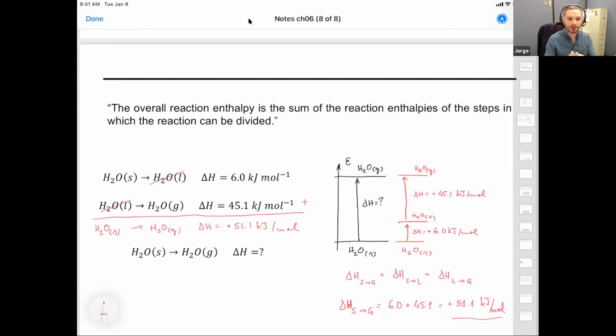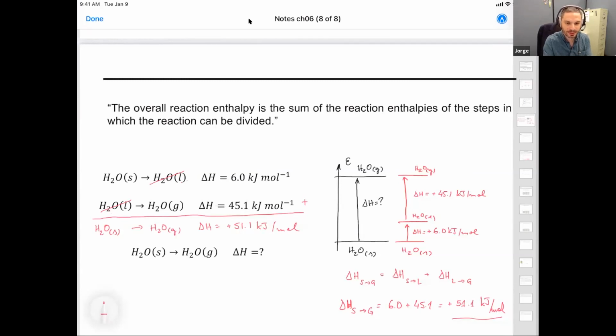Remember, if we need to flip a chemical reaction, you can do that. The only condition is that the delta H has to change the sign, okay? If at some point you need to multiply a reaction by a factor, the delta H is also going to be multiplied by the same factor because energy is an extensive property.